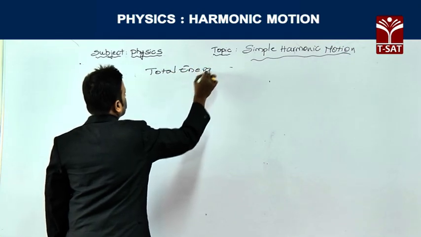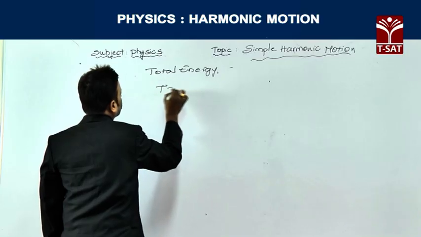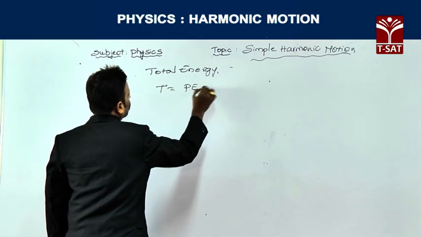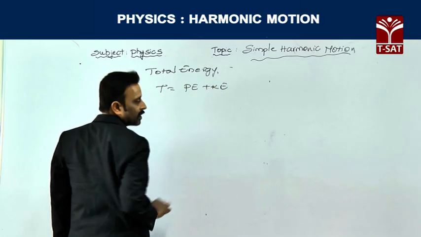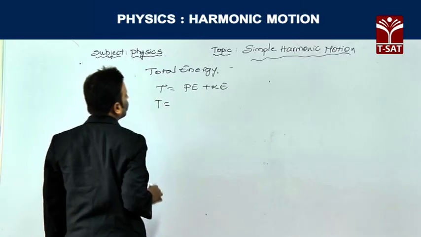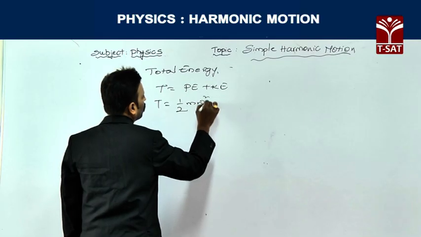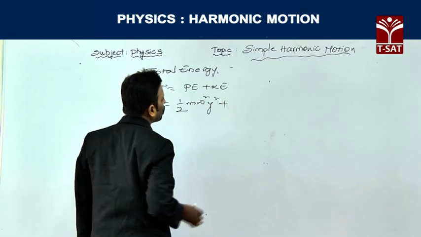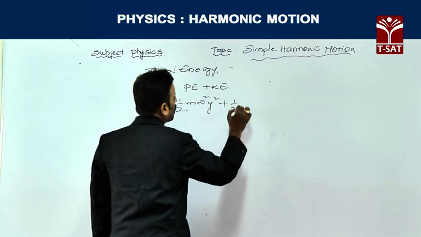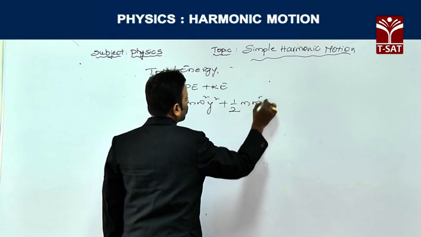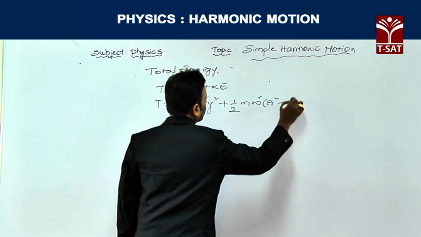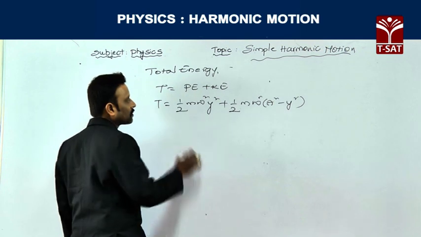The total energy E is equal to potential energy plus kinetic energy. That is, total energy is potential energy, half m omega square y square, plus half m omega square into a square minus y square, that is kinetic energy.